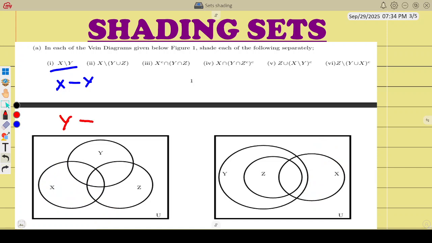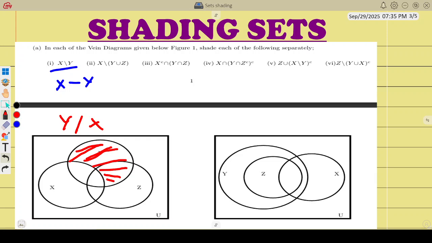What if they say Y slash X? What would you do? Pause the video and try to solve it in your book quickly. If you did this, then you are right. This is the shading for Y slash X, simply meaning you shade what is in Y, and X you do not shade.